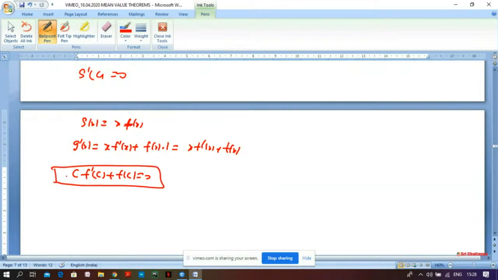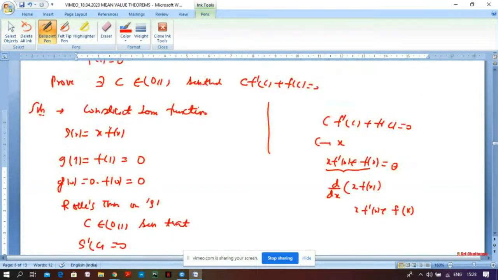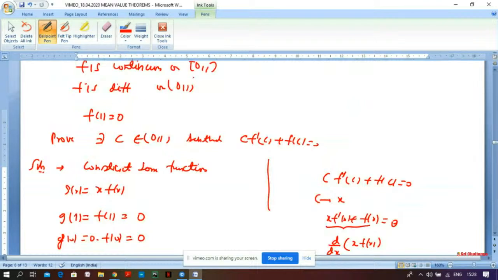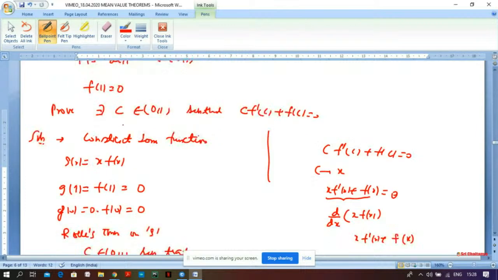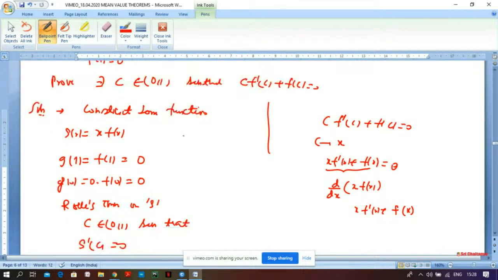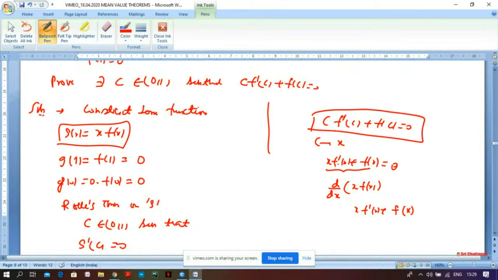So you have proved that if f is such a function, continuous on the closed interval, differentiable on the open interval, and f(1) is 0, then there is a c such that c f prime c plus f(c) is 0, because you're constructing some function. This construction was motivated by looking at the expression, that it can come from this one.